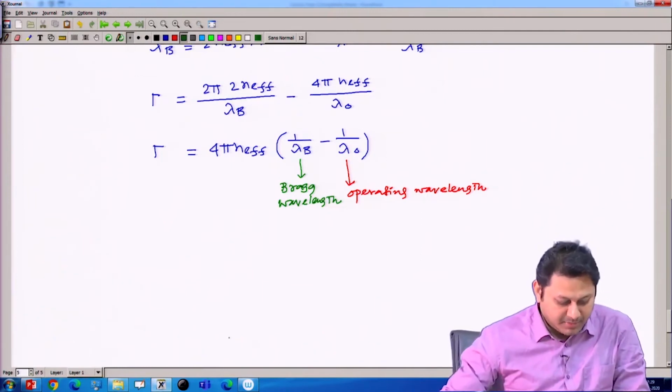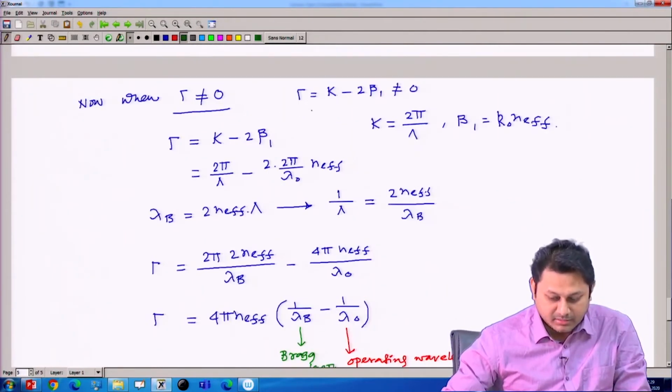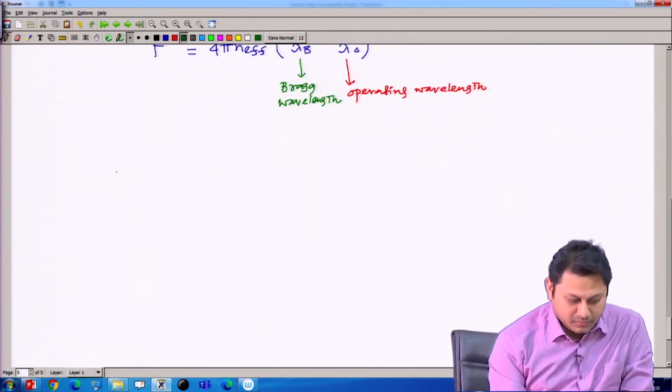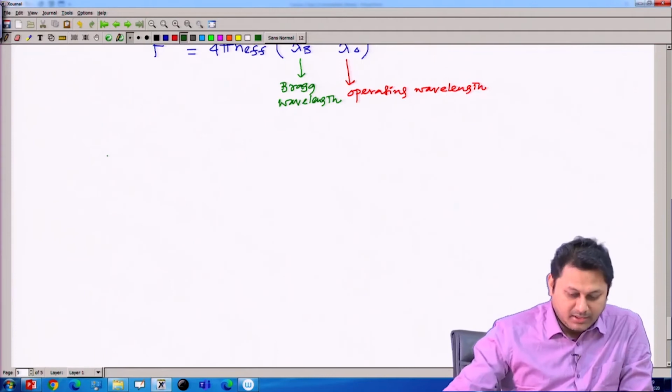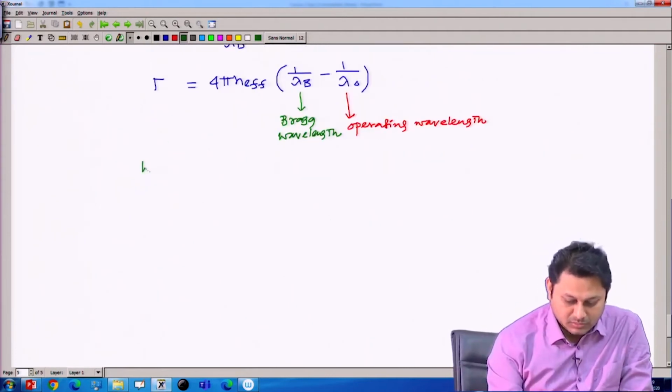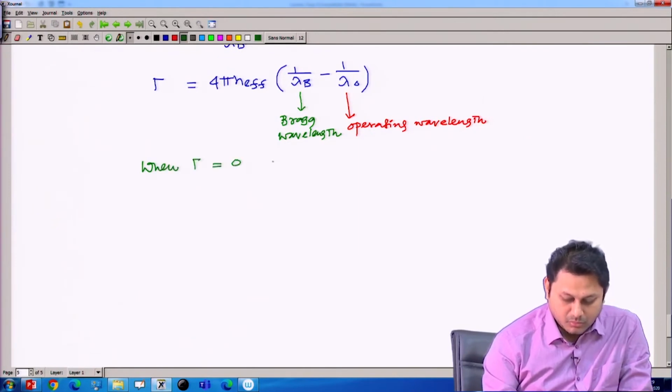So this gamma is now not equal to 0. Under the not-equal-to-0 condition, we can have this. When gamma is 0, we have lambda 0 equal to lambda b.